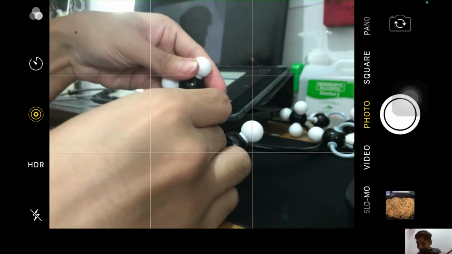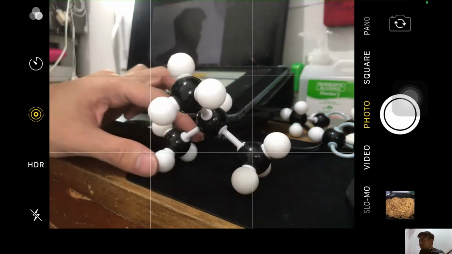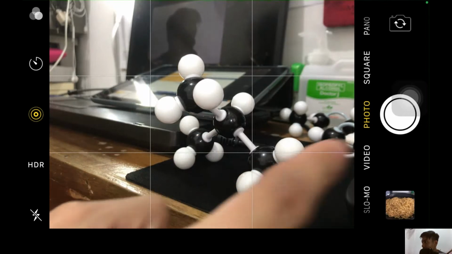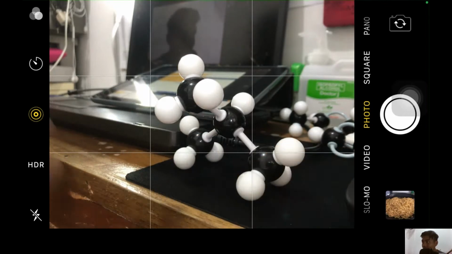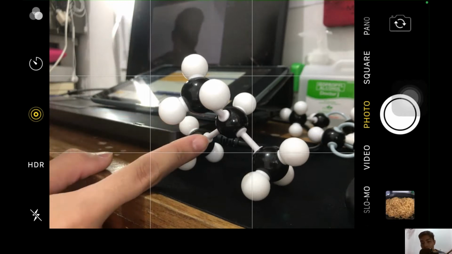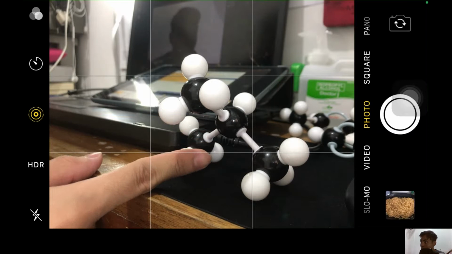Okay, so ayan yung ginawa ko. Nabansin nyo, kanina, andito yung CH3. Andito siya sa part na to. However, ngayon, nilagay ko siya sa second carbon. So, this is no longer butane. I call this 2-methyl propane.